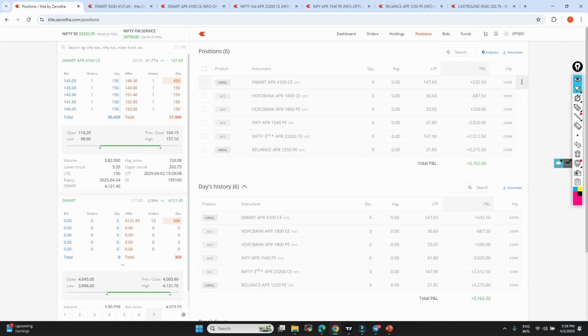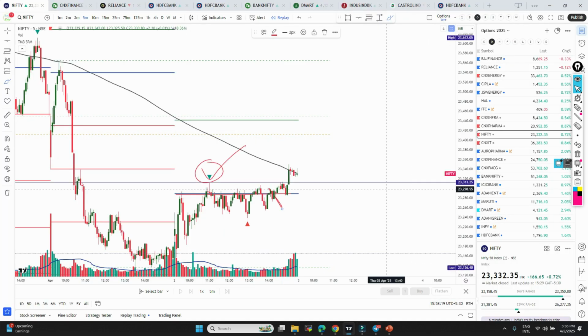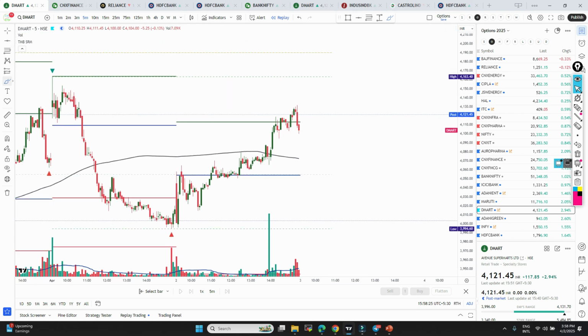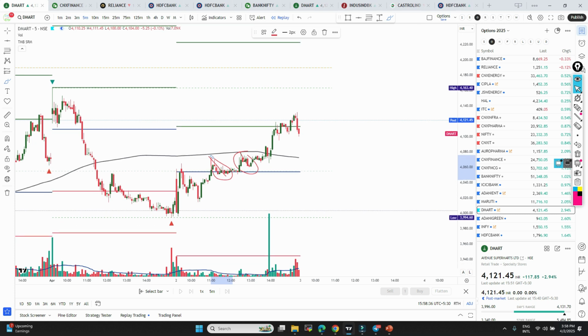It moved as per my direction, but the exit was not the right exit. So with all these things, near the 200 moving average, we can initiate small trades in the beginning. Within this we can get 4 5 rupees.